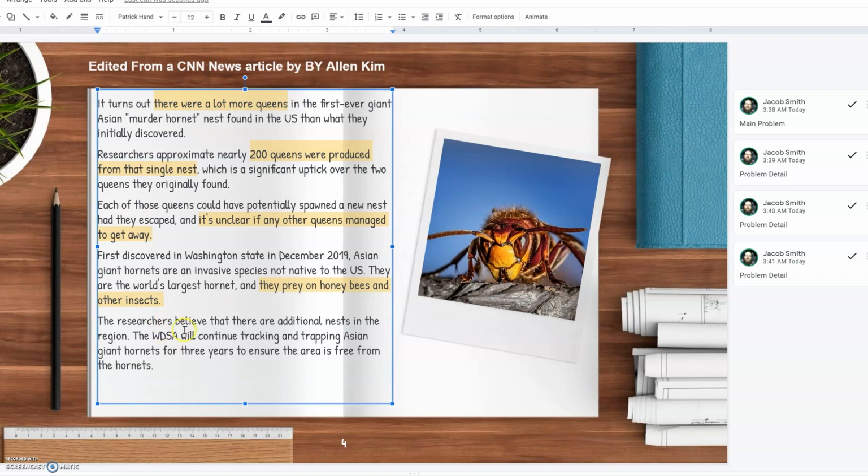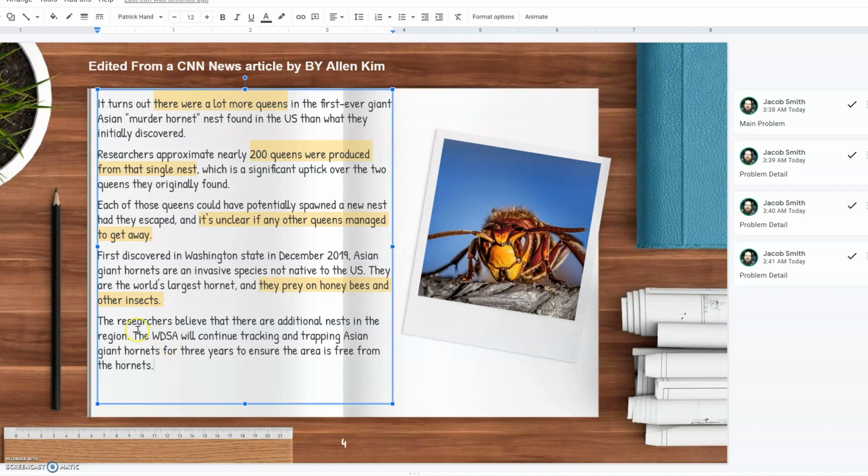So the researchers believe that there are additional nests in the region. The WDSA will continue tracking and trapping Asian giant hornets for 3 years to ensure the area is free from hornets. So what detail in here is the solution and the most important piece of information about that solution? That's our evidence. Great, right.